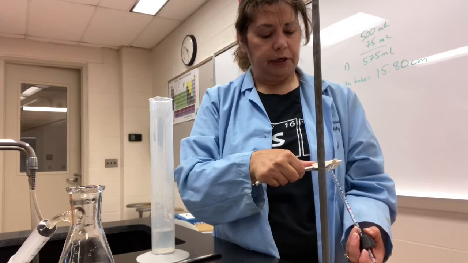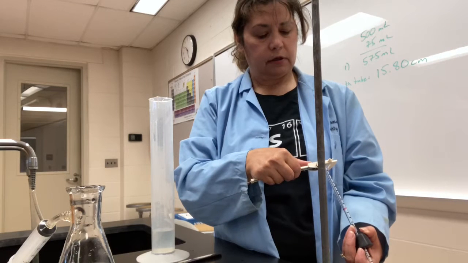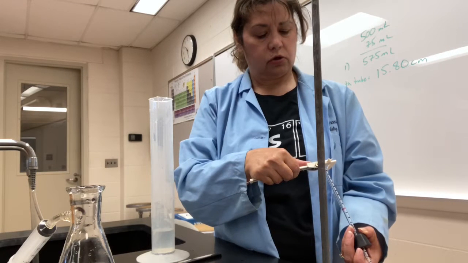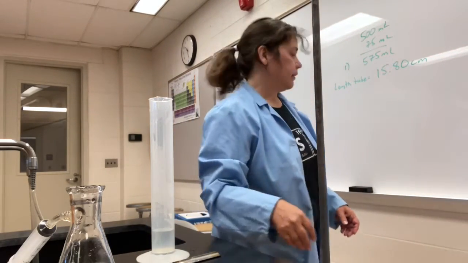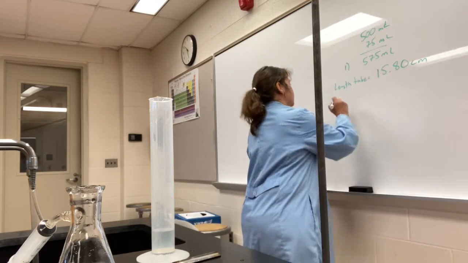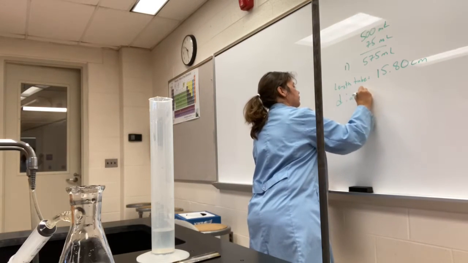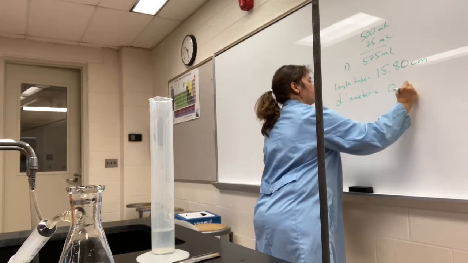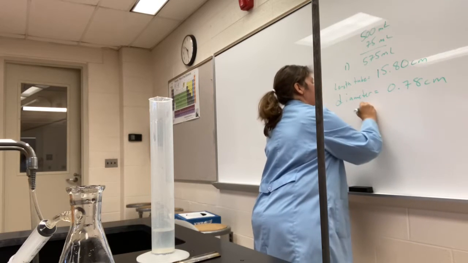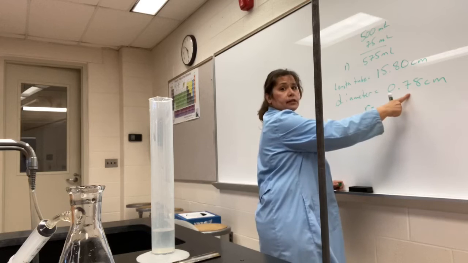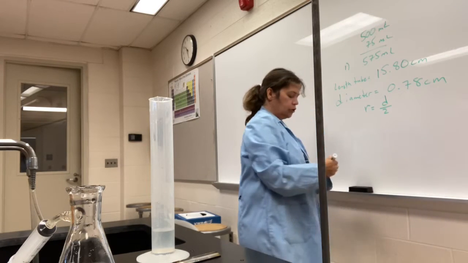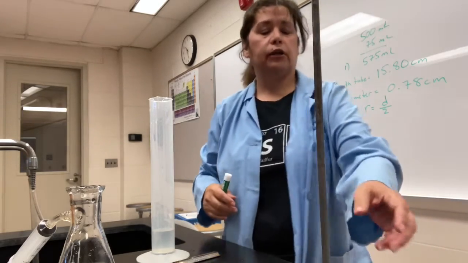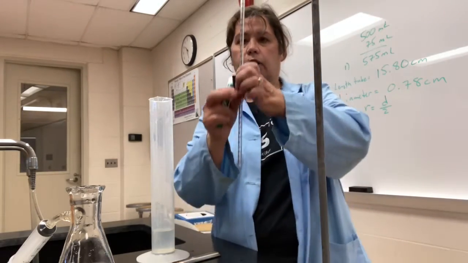So the diameter would be 0.78 centimeters, so you know that the radius would be this 0.78 divided by 2. So you should be able then to calculate the volume of this tube.